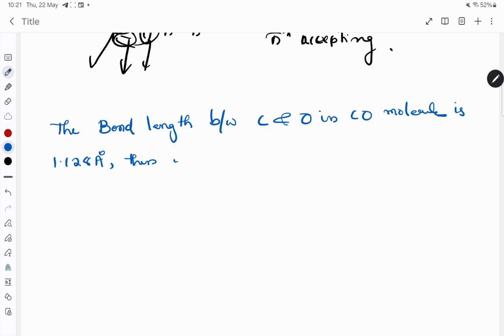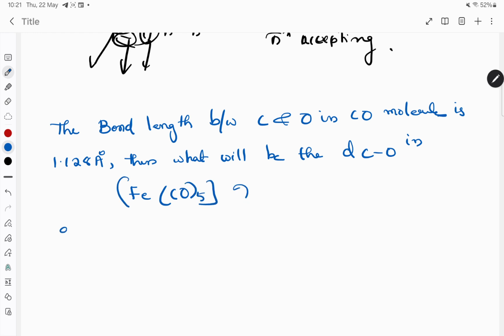Then what will be the distance of CO in Fe(CO)5?